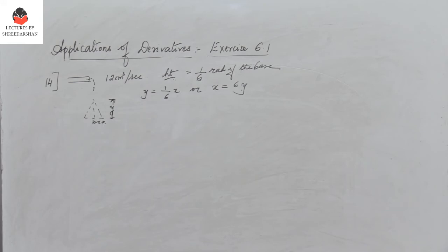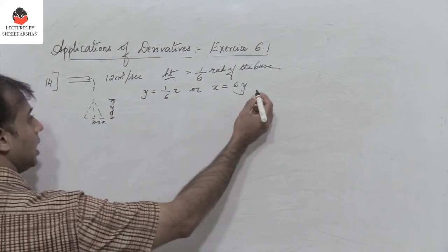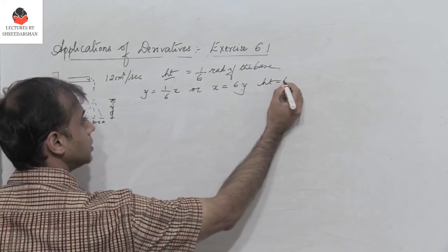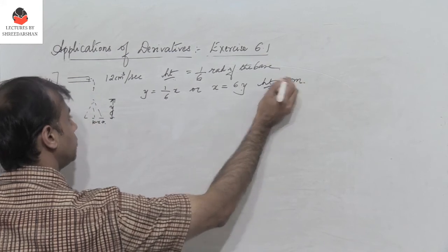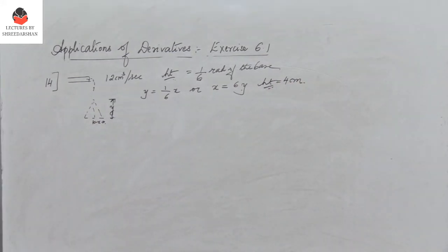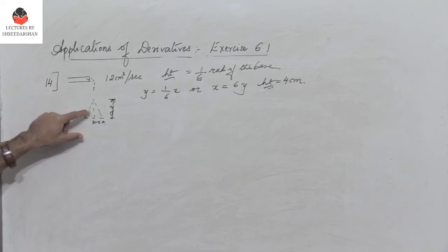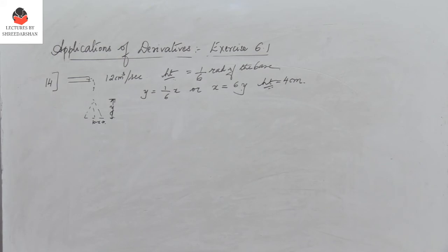Now the question is, how fast is the height of the sand increasing when the height is 4 centimeters? When we talk about the height of the sand, it basically means the height of the cone. So how fast is it increasing is the question.